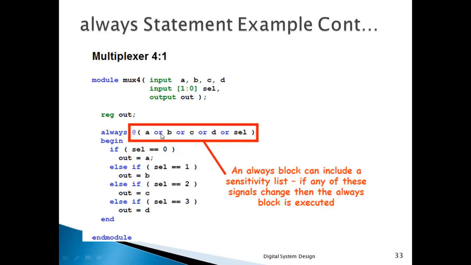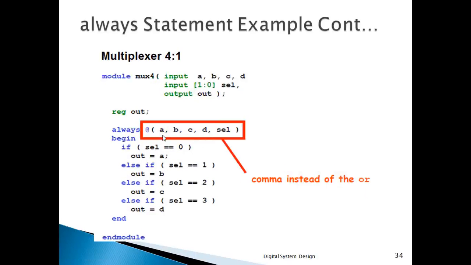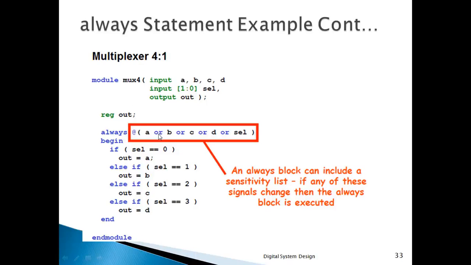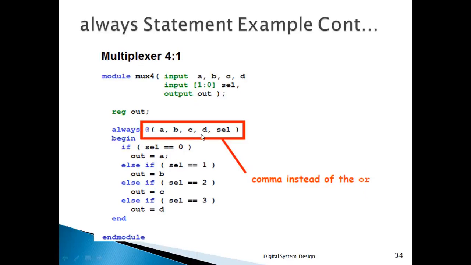This or can be replaced with a comma. The working will be the same as here, A or B, or A comma B, C, D, select. A comma can also be used instead of the or.